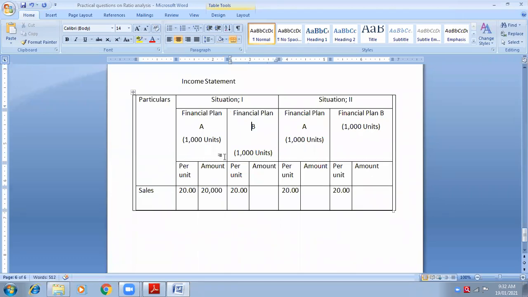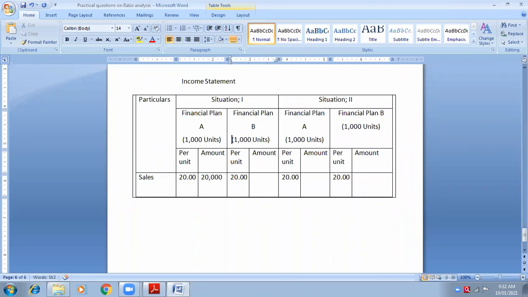Because units and per unit are both the same. Very good. So here also 20,000, the same 20,000 in situation 1 for both the plans and in situation 2 for both the plans. Okay, so sales is done.